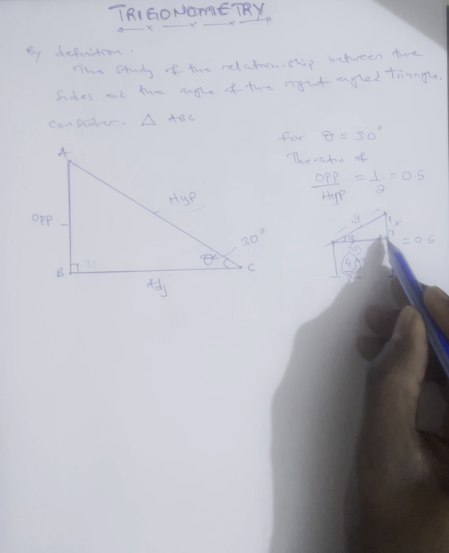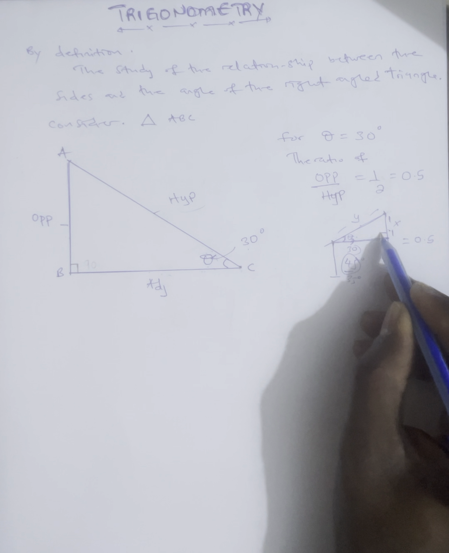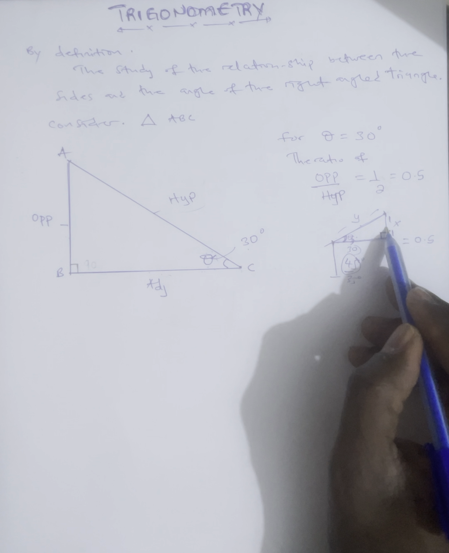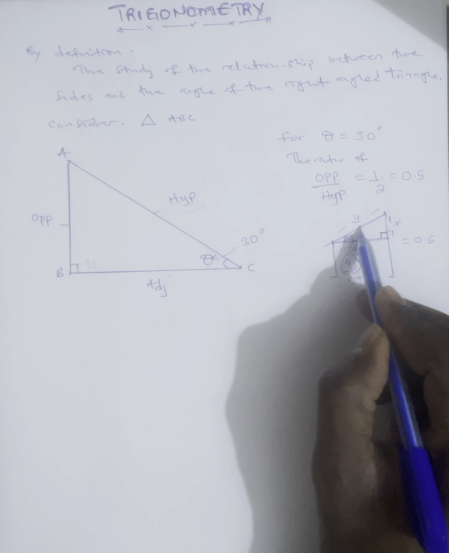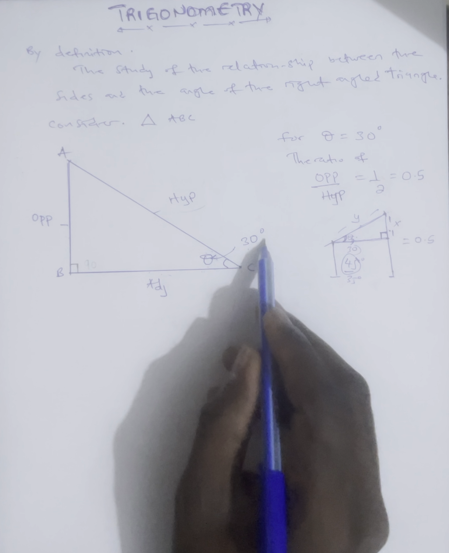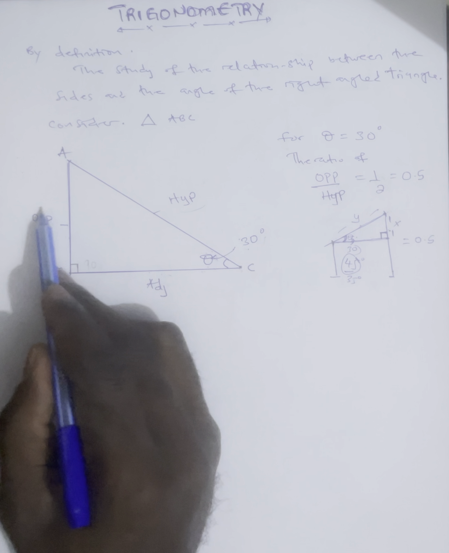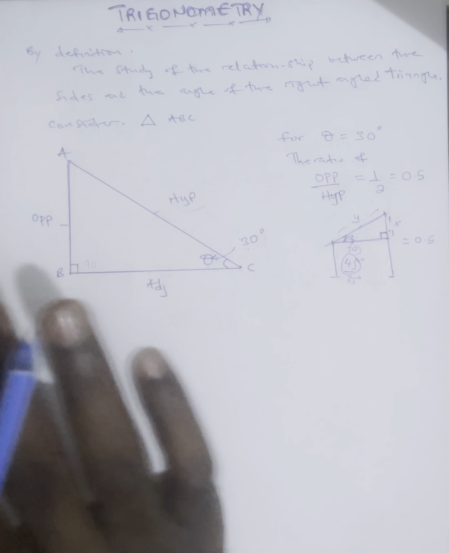As long as it is a right angled triangle, for a specific angle, there is a constant ratio or the same ratio for the same angle between the opposite and the hypotenuse side. So here I use 30 as an example and say if you have the angle 30, the ratio of the opposite side to hypotenuse side will be the same.